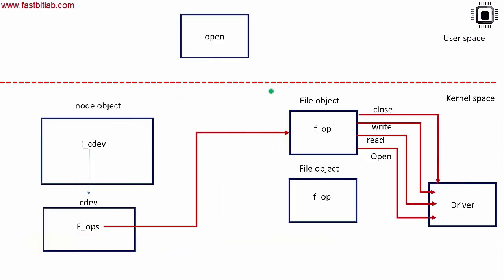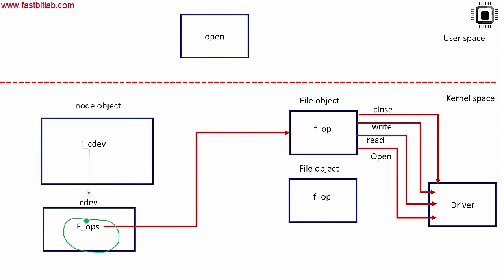So this is a pictorial representation of how the flow goes actually. There will be an in-memory inode object, and the in-memory inode object has a pointer field, that is i_cdev, and this will be pointing to your cdev object, what you added using cdev_add. And this cdev object has a file operations field.